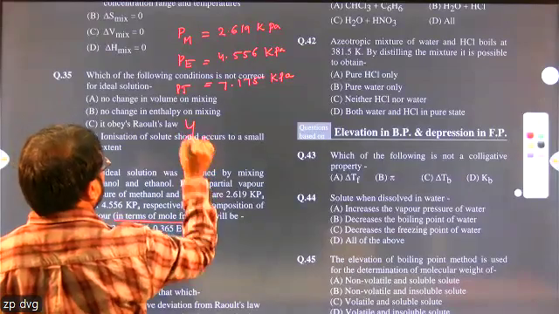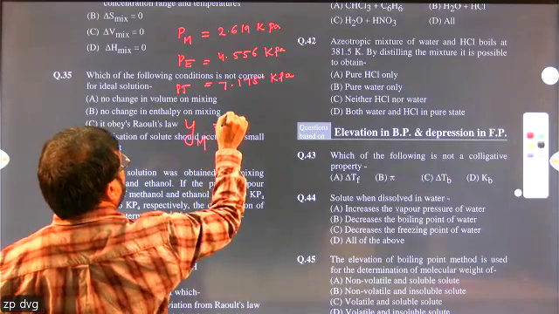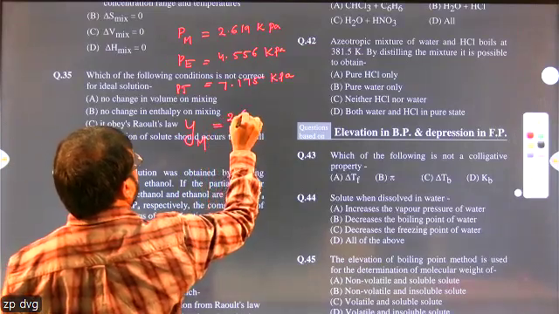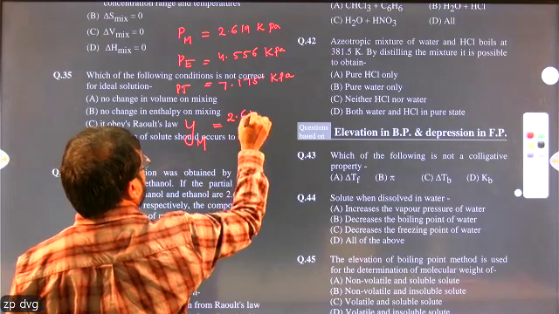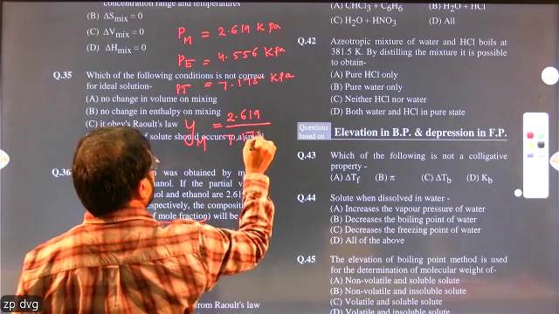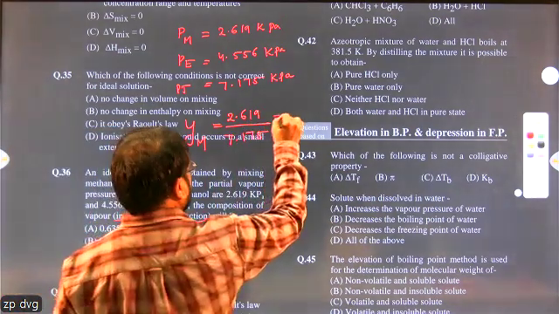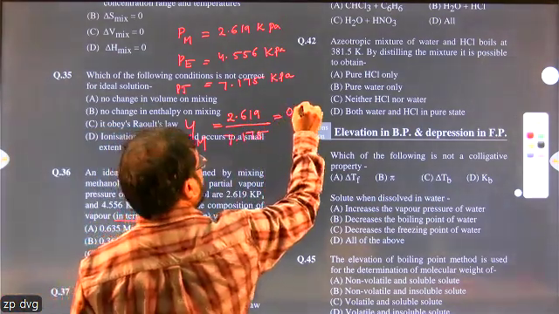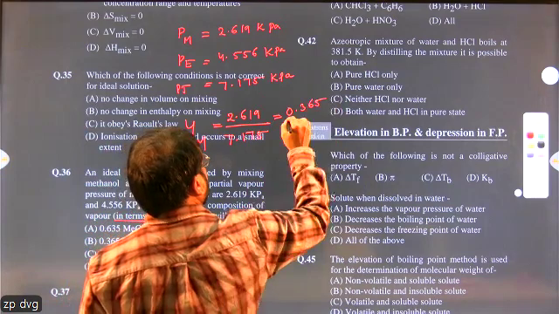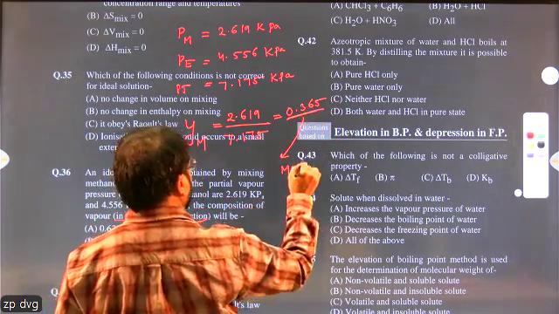Mole fraction of methanol is its pressure divided by total pressure: 2.619 divided by 7.175. If we simplify, we get 0.365 in the case of methyl alcohol.